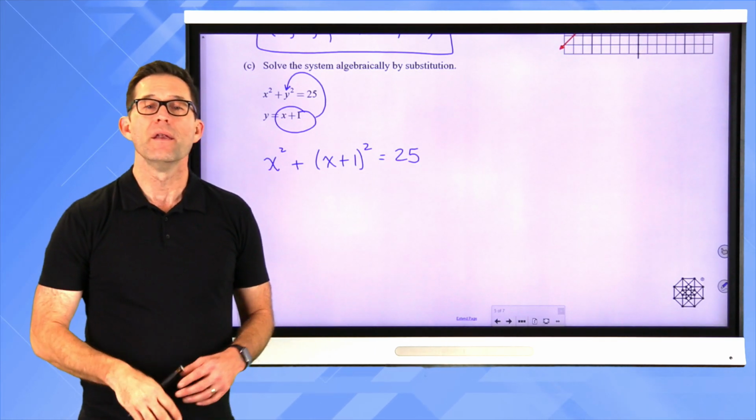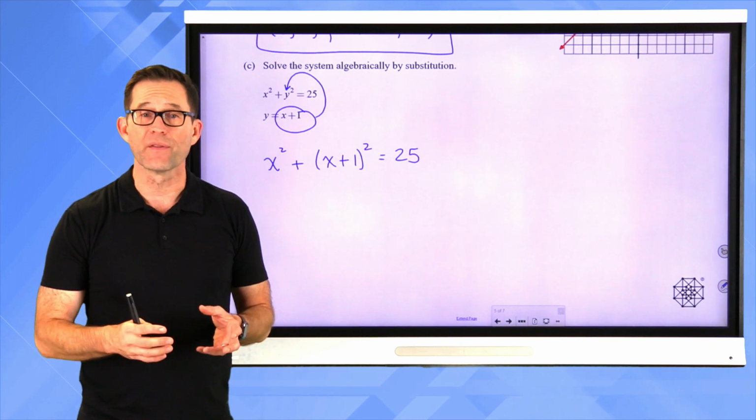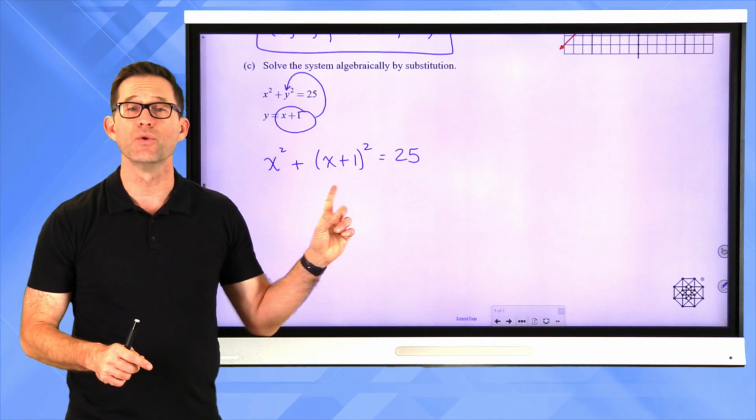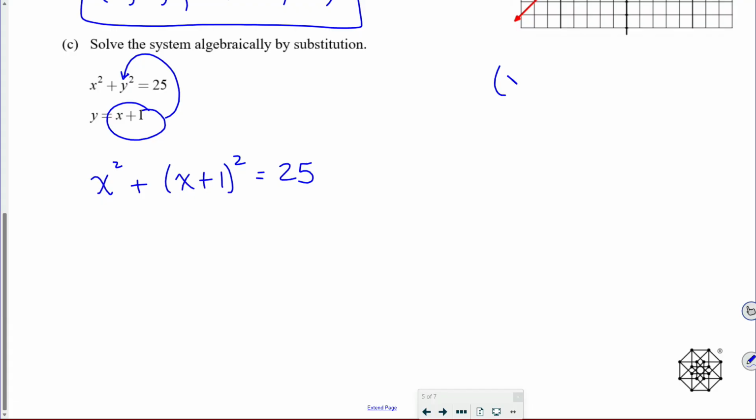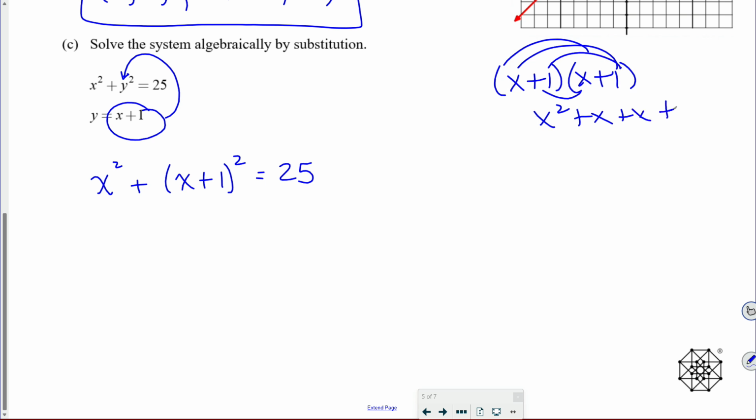Now, in order to finish solving this, the first thing I really need to do is what's called expanding (x plus 1) squared. And maybe I do that somewhere over on the side of my paper. If you're not sure what that is, you just come over to the side of your paper, do a little FOILing, and you end up getting x squared plus 2x plus 1.